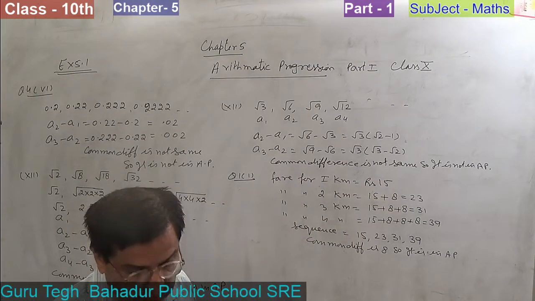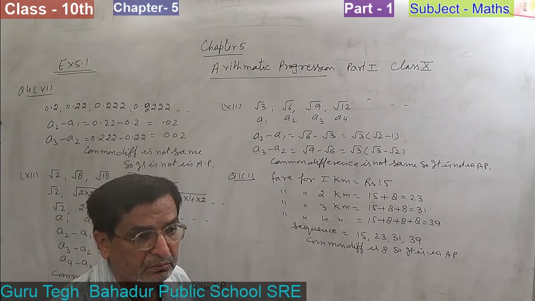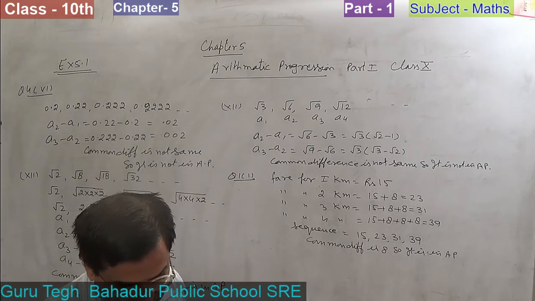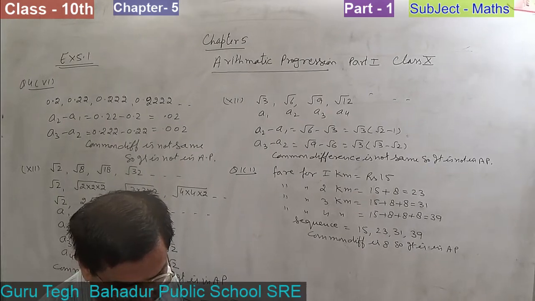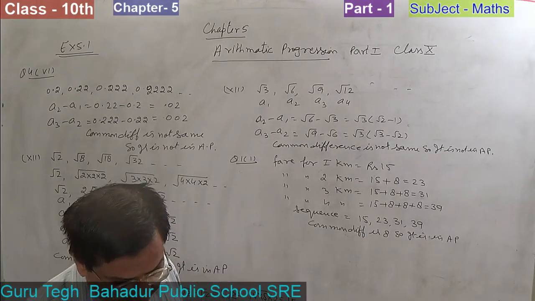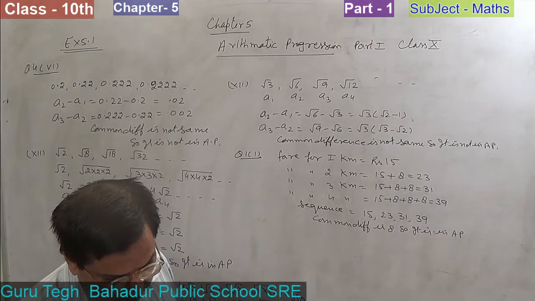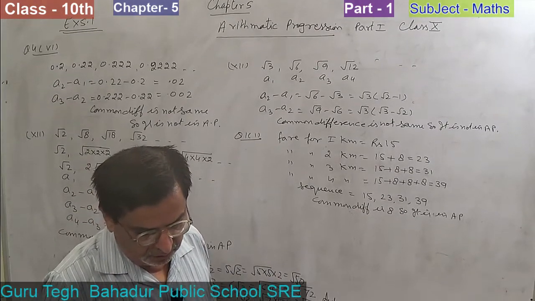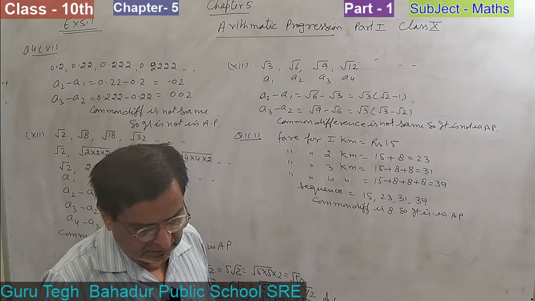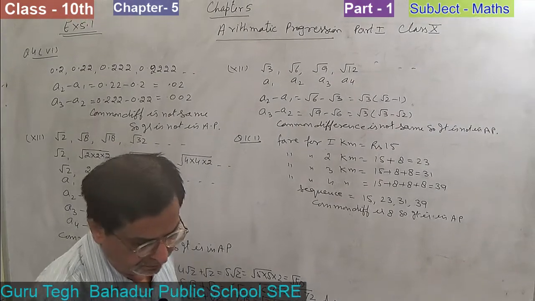See the second part, the amount of air present in cylinder when vacuum pump removes 1/4 of the air remaining in the cylinder at a time.